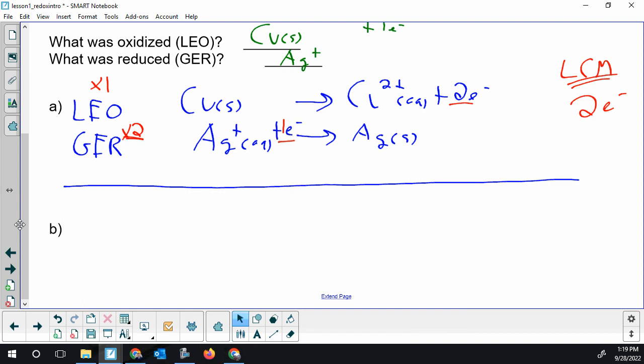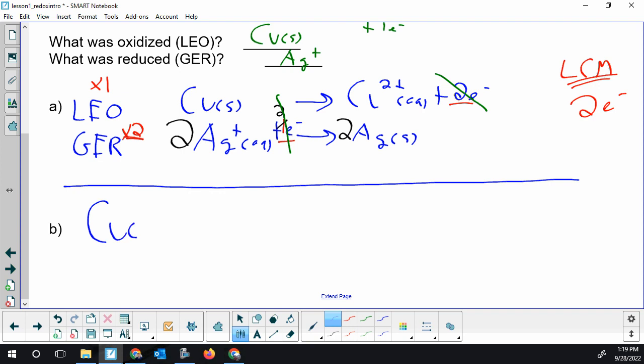So I'm altering the net. I'm now saying 2 silver ions, 2 electrons, and 2 elemental silvers. That 2 electrons cancels 2 electrons. And elemental copper and 2 silver ions will make copper 2 plus.